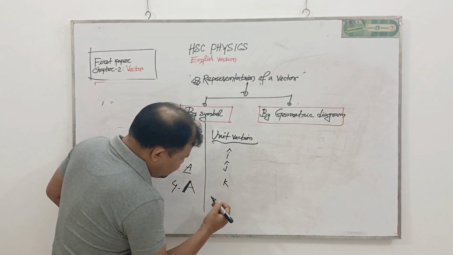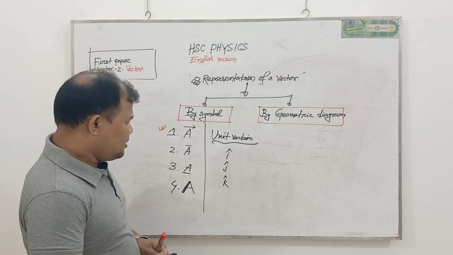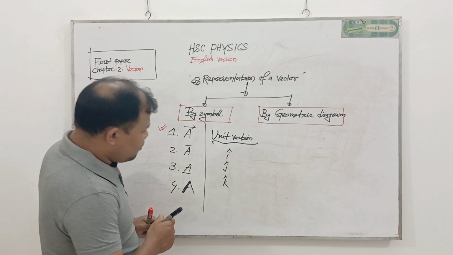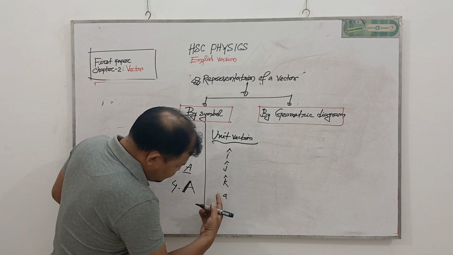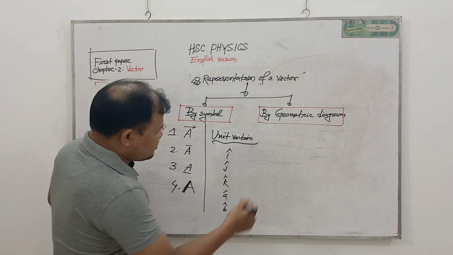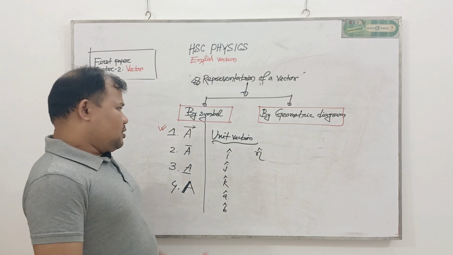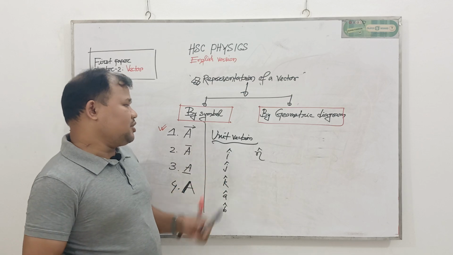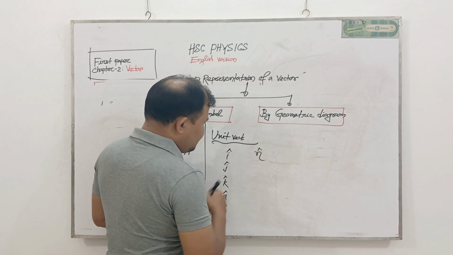If we write small letter k and at the top we use a cap sign, then this is the representation of the unit vector. We can also write any symbol, suppose A, B, or eta, with a cap sign. This cap sign is only for unit vector. I think that all of you clearly understand.